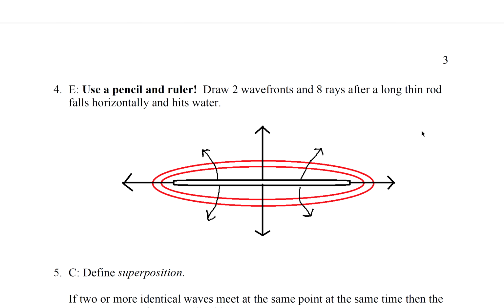Question 4. Draw 2 wavefronts and 8 rays after a long thin rod falls horizontally and hits water. So you could see that this is like a big stick here in the middle. It falls and it hits the water. The wavefronts look like the 2 red ovals or curved surface.